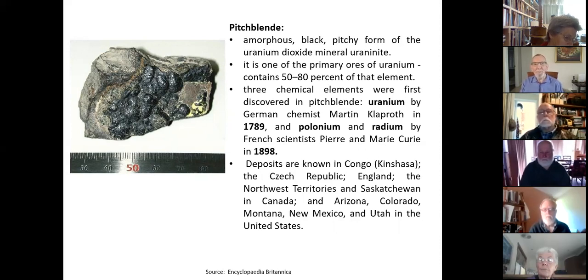But this stuff was found to contain uranium and also polonium and radium. So developments have come from there. And deposits of pitchblende, as you can see from the information here, are found quite widely around the world. So fairly common stuff, but one of the ores of uranium.